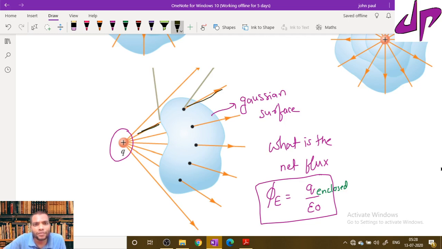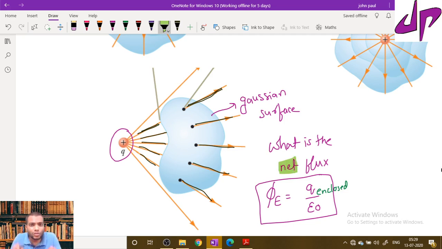This electric field line is piercing here and coming out here. It is piercing here and coming out here, and here it is entering and coming out. The fourth one entering, coming out, and the fifth one entering and coming out. So here we need to write what is the net flux. Net means the total flux through the surface.